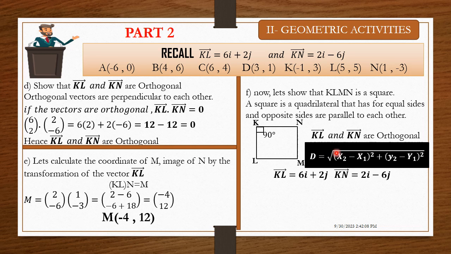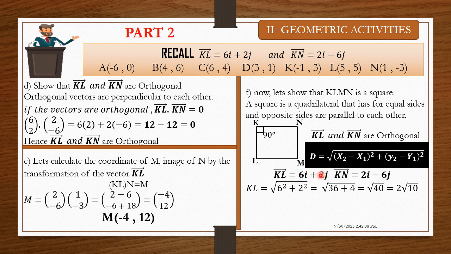Since we already have these vectors, it is going to be a lot of work if we go back to start from the equation for the distance between 2 points. But we already have the vectors KL and KN, and the magnitude of this vector will give us the length, the distance from K to L.